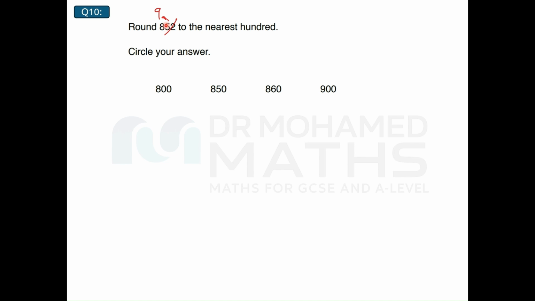And 5 is equal to or greater than 5, isn't it? And if it's equal to or greater than 5, the first digit will go one step greater. That means 8 will turn into 9, and other digits will turn into 0. That means it will be 900. So the correct answer is 900.